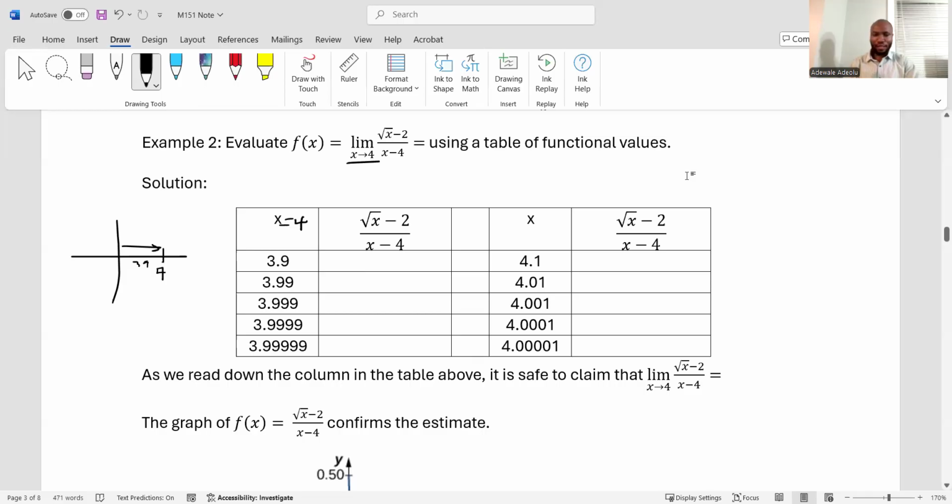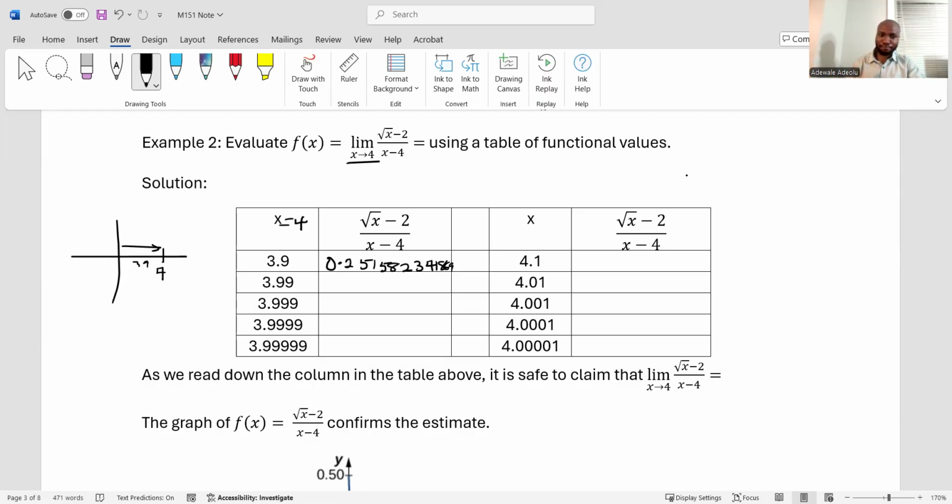So if you compute this, you should be having something like 0.251582341869.